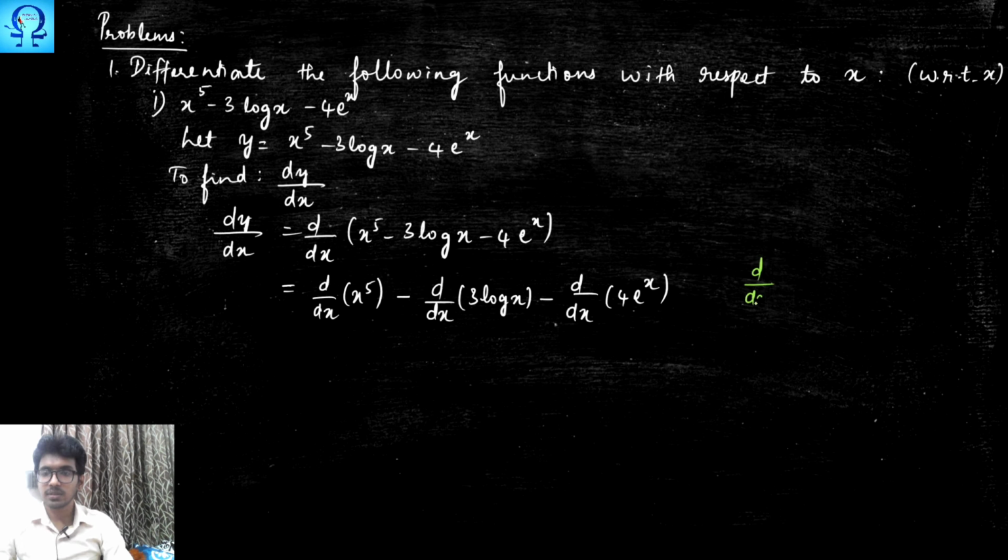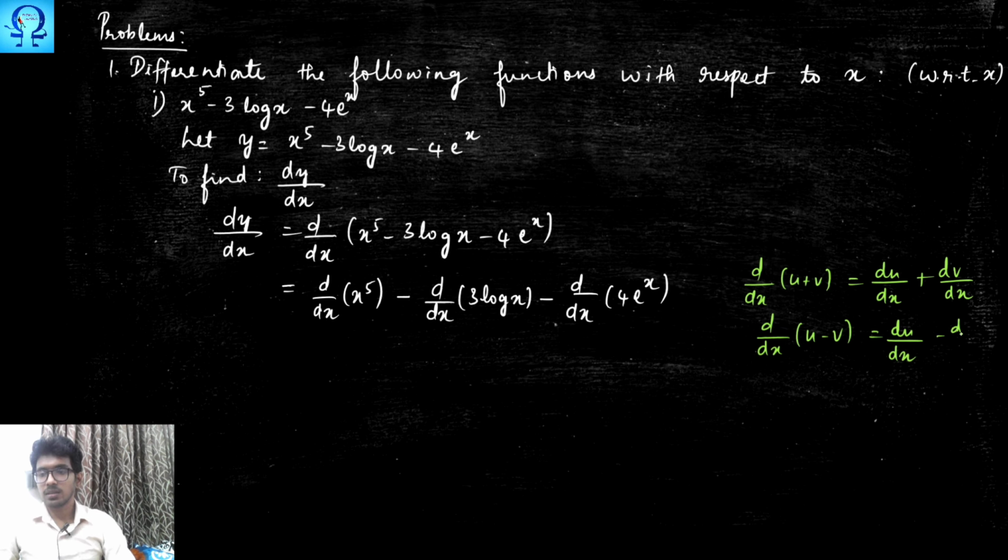The rules that we have made use of here are this one and this one. I think it is enough if we make use of the difference rule alone. Whatever the number of functions you have, accordingly you may do these things that I explained in the previous lecture itself. Hope you understand it.